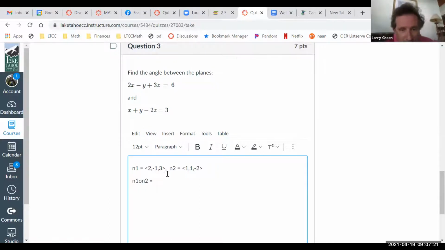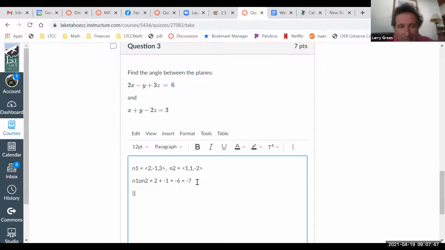And that's equal to, well, let me just write it out. That's 2 plus -1 plus -6. And that is equal to -7. Any questions on the dot product?